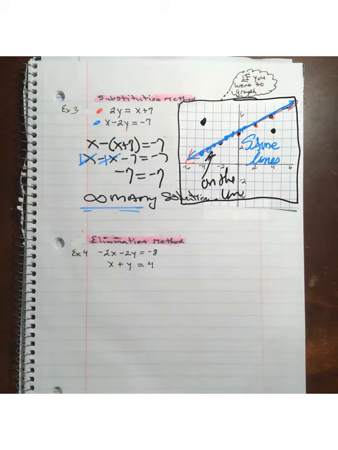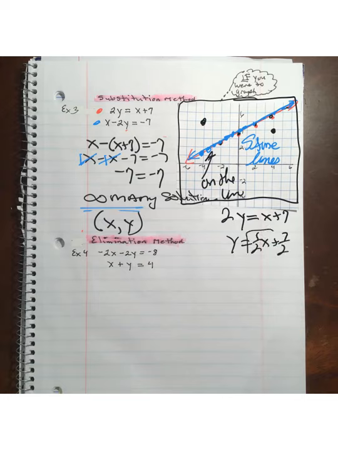So now, how do we actually write our answer in what we call parametric form? We're going to use an x, y ordered pair. And we take whichever equation we want. Let's take the top equation. If we solve for y and get y by itself, divide everybody by 2, that gives me this.